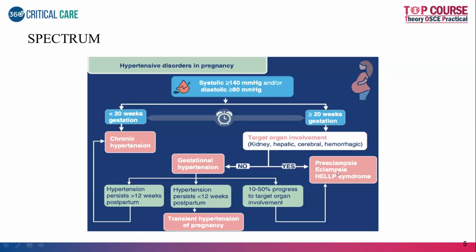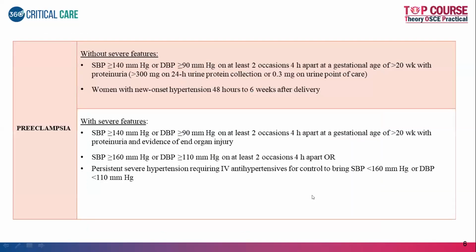Okay, an easy way to remember the definitions is if you just put this diagram. So you came to know about the definition of chronic hypertension and gestational hypertension. So I'm not going into detail about this. So we will go to the other definitions.